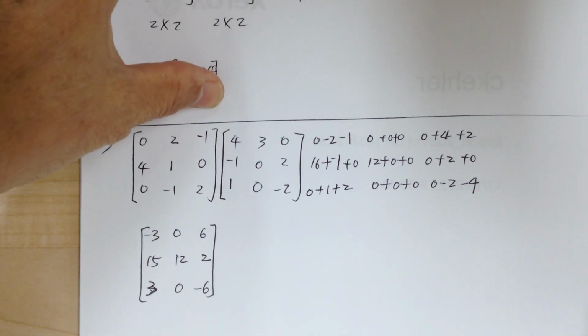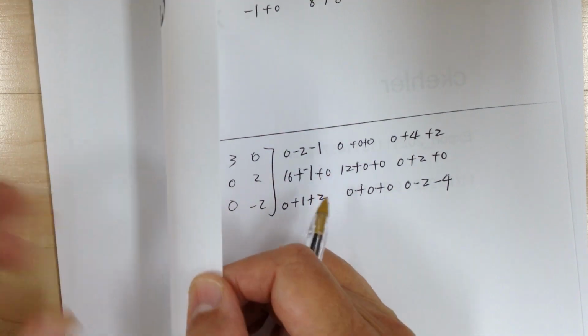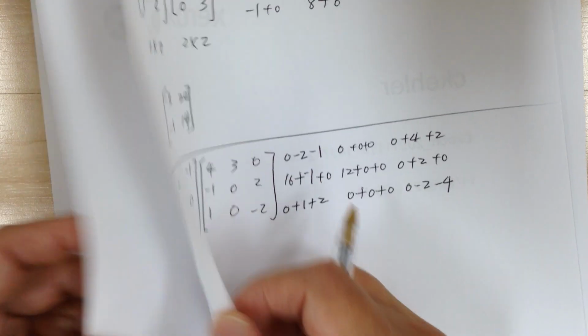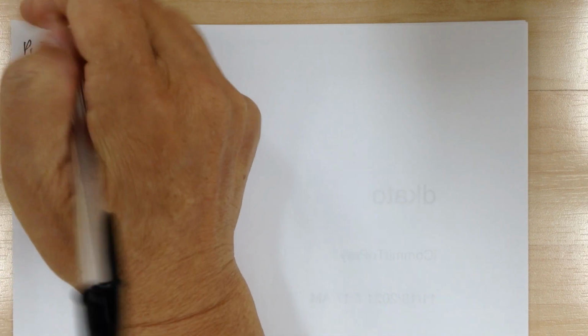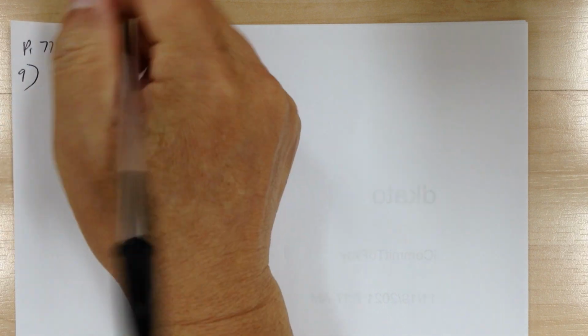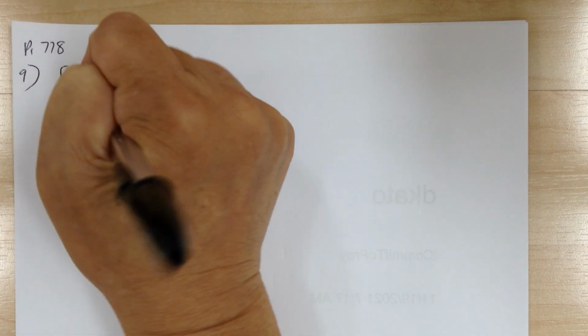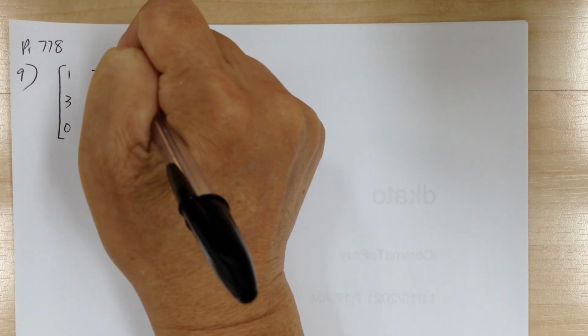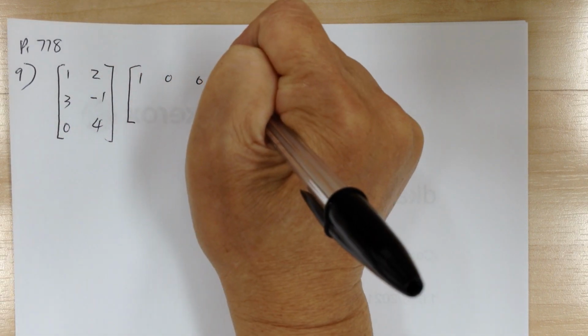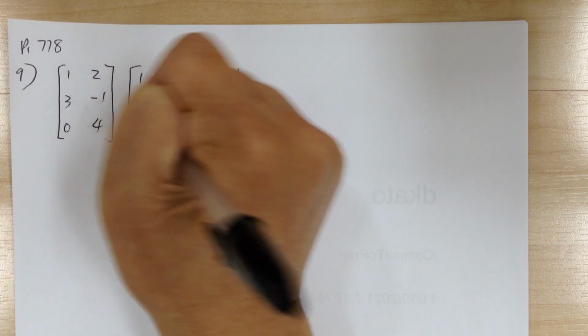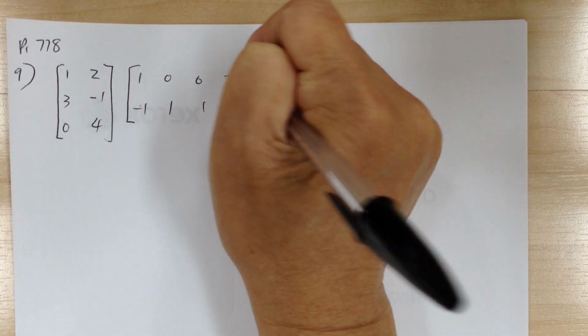Okay, let's go to number 9. So you've got 1, 3, 0, 2, negative 1, 4, multiplied by 1, 0, 0, negative 1, and negative 1, 1, 1, 0.